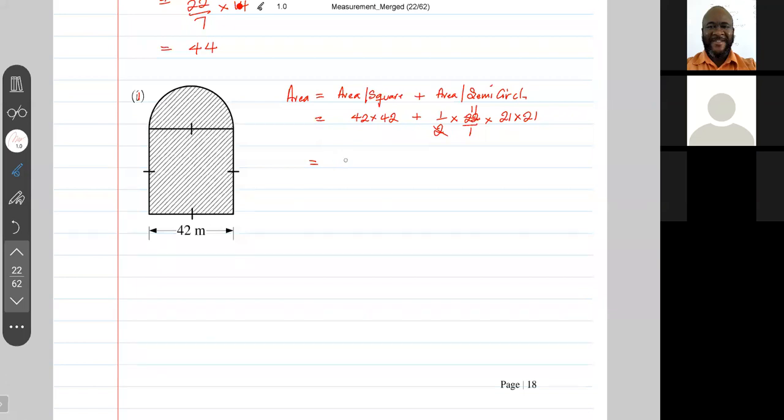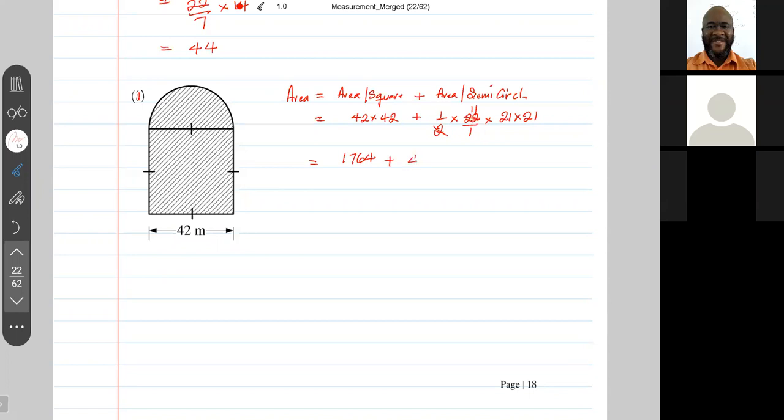This is 1764, plus 11 times 21 times 21.